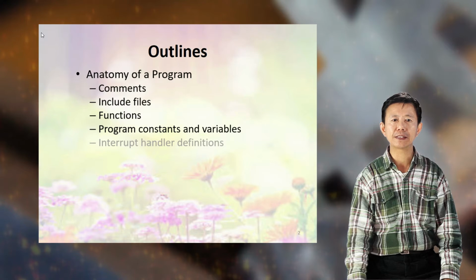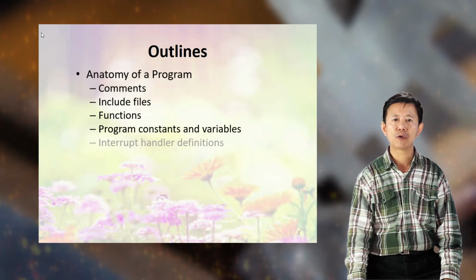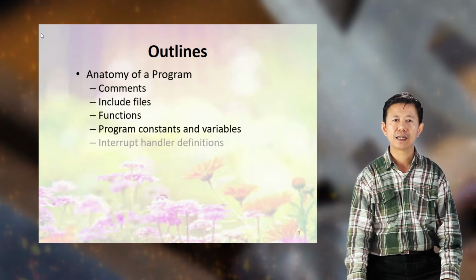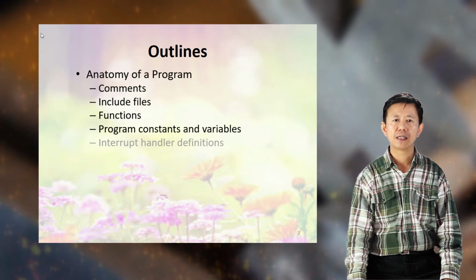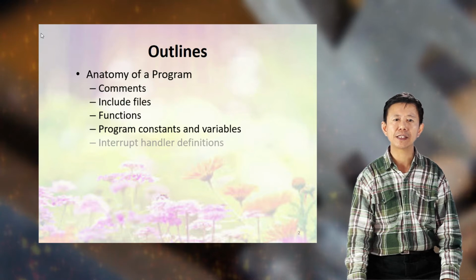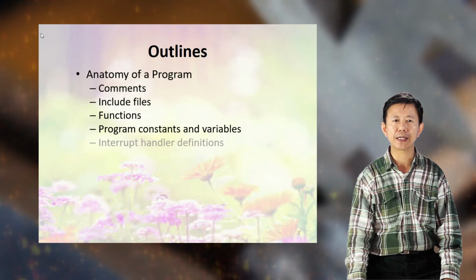Generally, a program consists of the following parts. Commands, include files, functions, program constants, and variables. You may notice there is one more subsection, interrupt handler definitions. The reason I put it in light color is that it's less used compared to other items in this section, and I'm not going to explain it in this video clip.